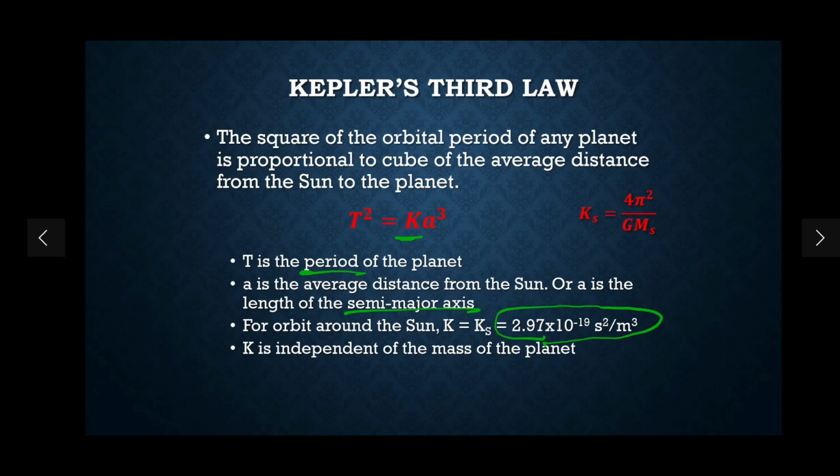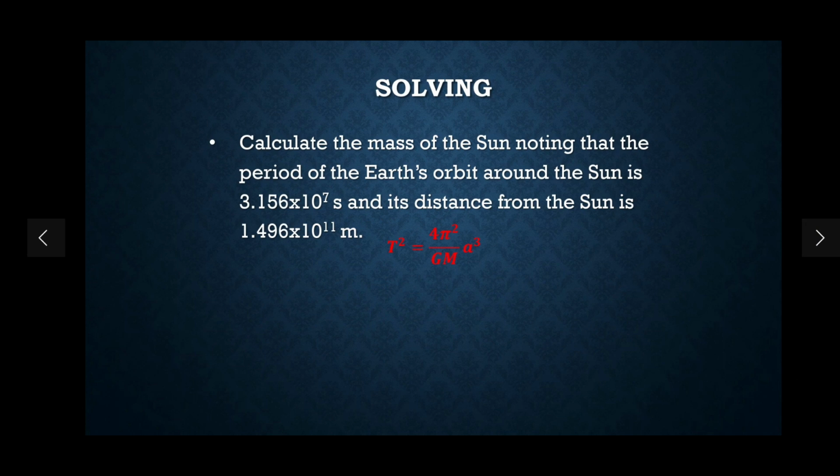K is always independent of the mass of the planet, and in this case we substitute K to be 4 pi squared over G times the mass of the Sun, where it becomes T squared equals 4 pi squared over GM multiplied by the distance cubed.